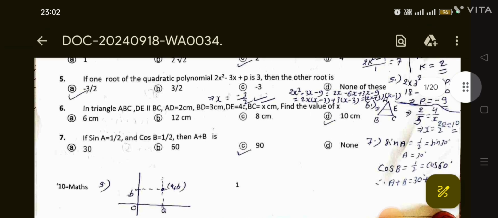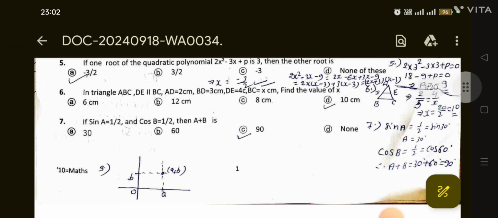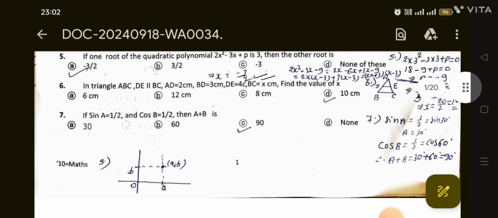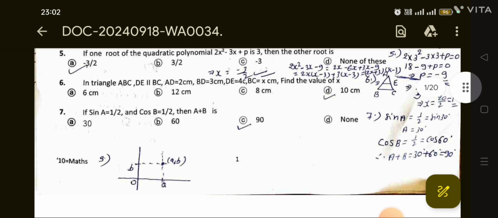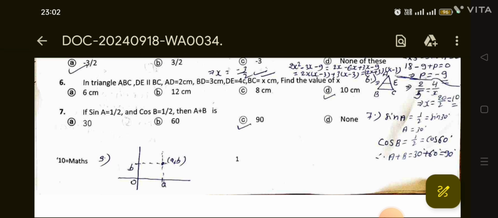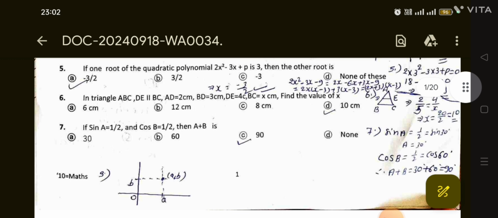Then AD by AB equal to DE by BC. AD means 2, AB will be 2 plus 3, 5, and BC is x and DE is given 4. So 2 by 5 equal to 4 by x. By cross multiplication, we find that the value of x equal to 10. So the right option is D, 10 centimeter.